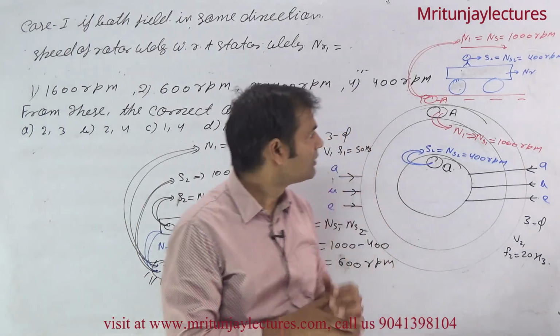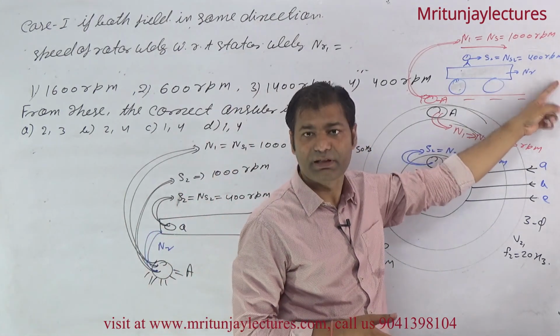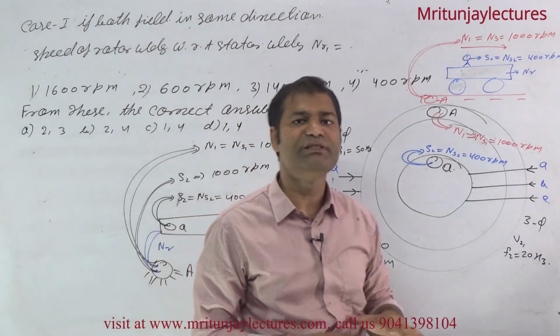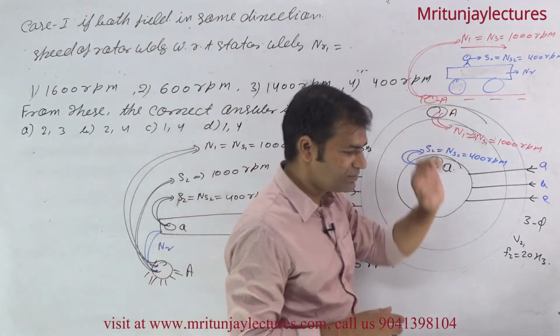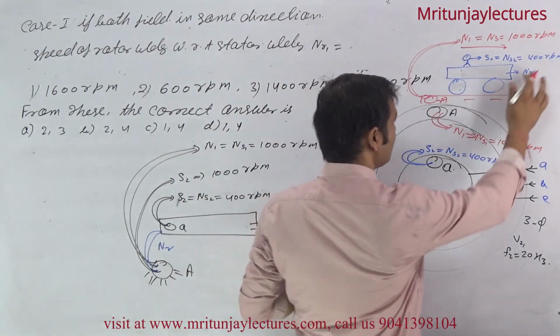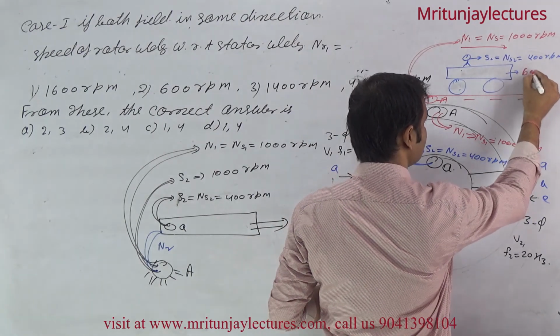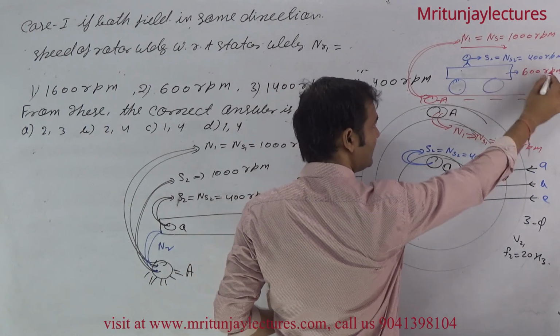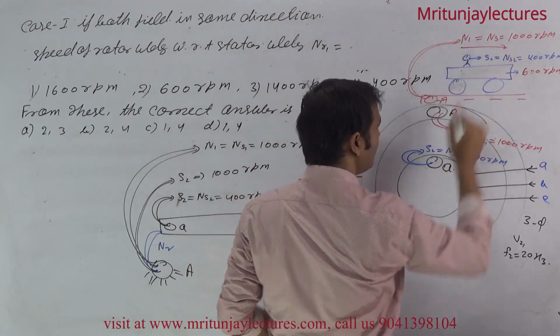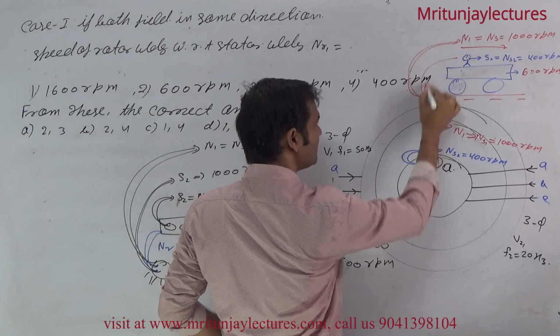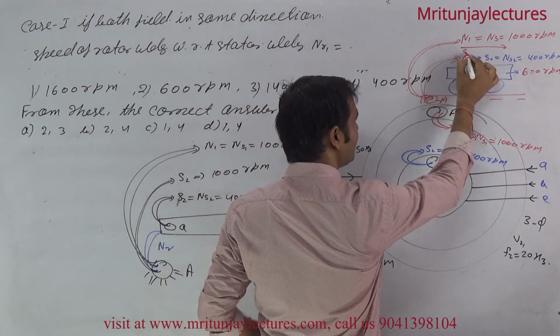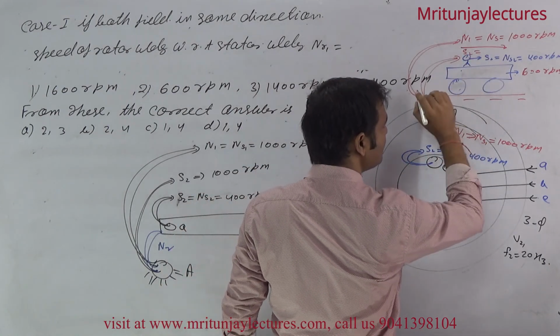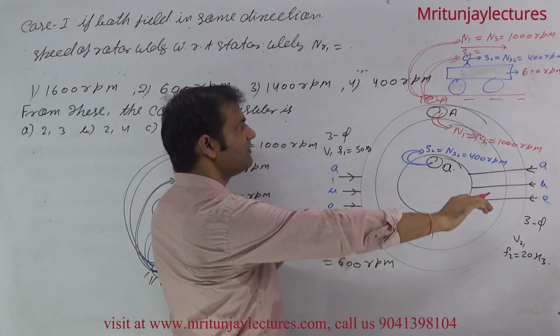Now if the rotor rotates in this direction, the train rotates with 600 RPM speed, and this one rotates at 400, then this one looks like S2, the speed of S2.